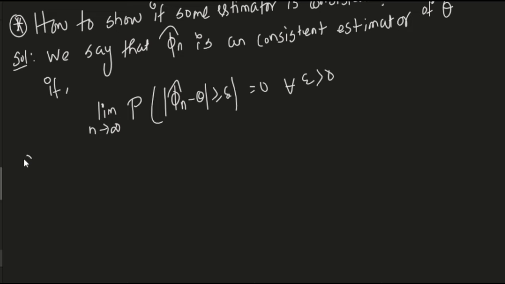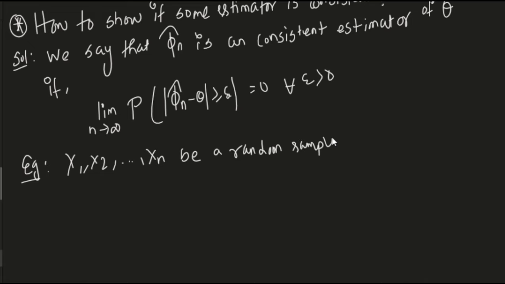So let us do one example for that. Suppose X1, X2, all the way up to Xn be a random sample with mean E of Xi equals theta and variance of Xi equals sigma squared.